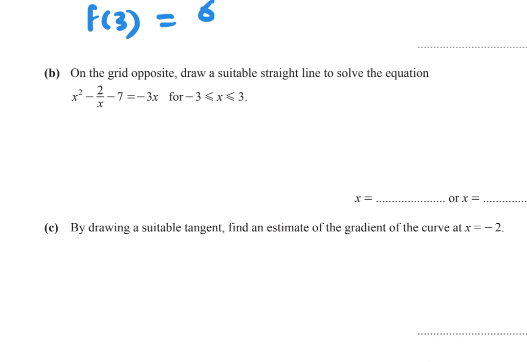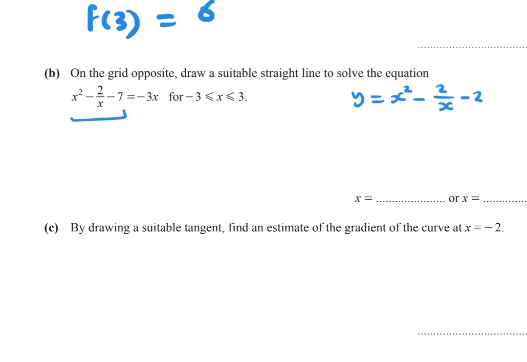Now B, this is a tricky question. On the grid opposite, draw a suitable straight line to solve the equation (x squared minus 2) over x minus 7 equals negative 3x. How to find the suitable line? We know the equation of the curve is y equals (x squared minus 2) over x minus 2.